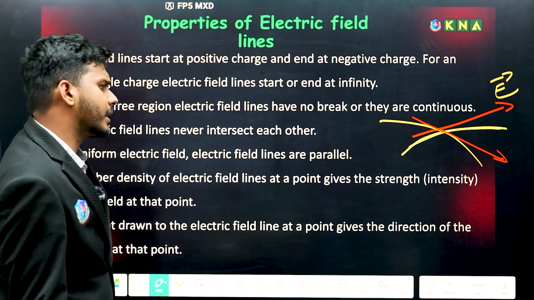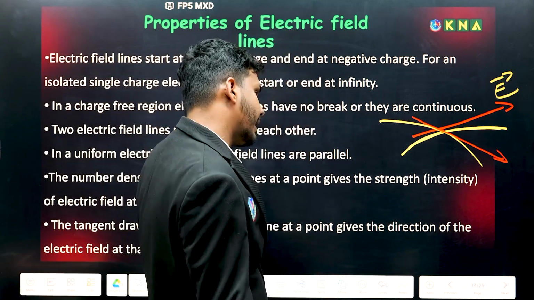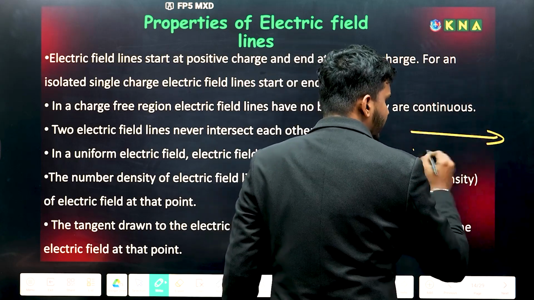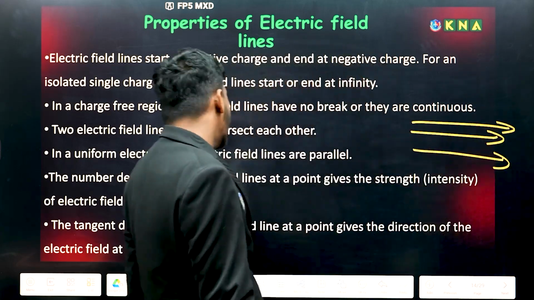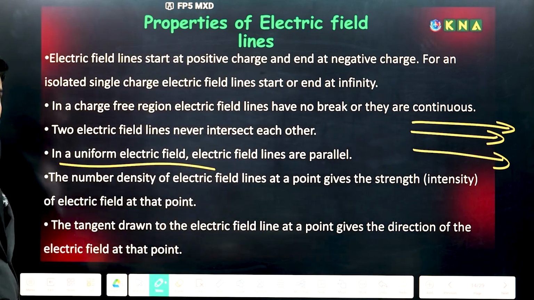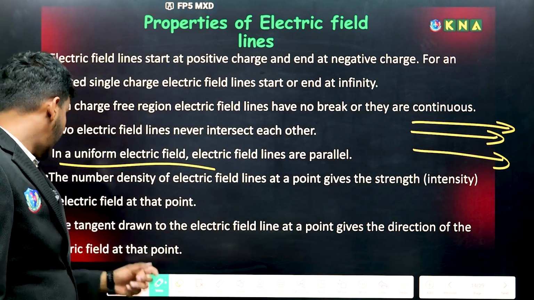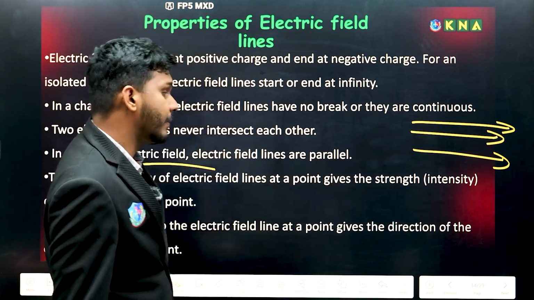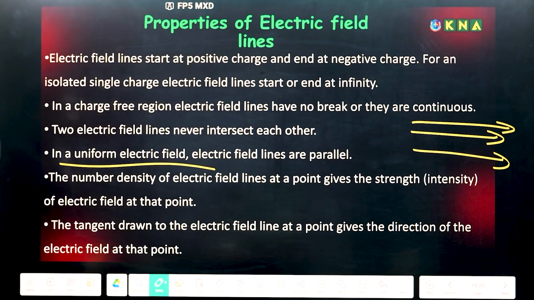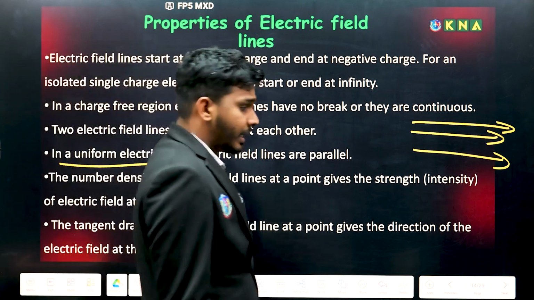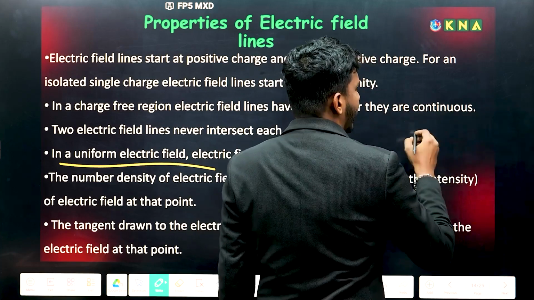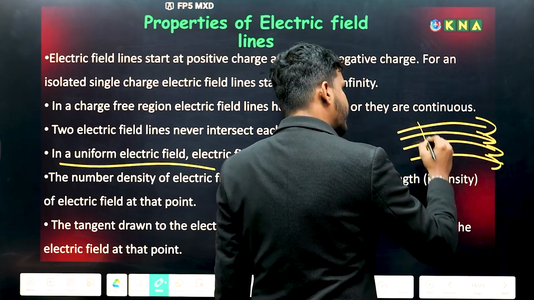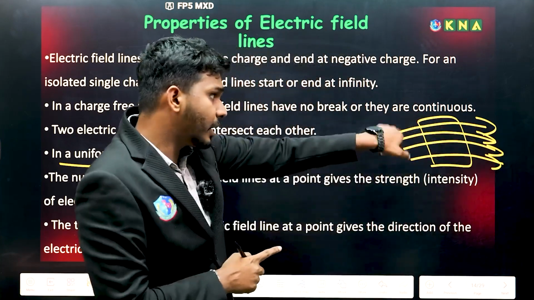Uniform electric field lines are parallel. A uniform electric field is always represented using parallel lines. The number density of electric field lines at a given point gives the strength of the electric field. Number density means how many electric field lines there are per unit area.